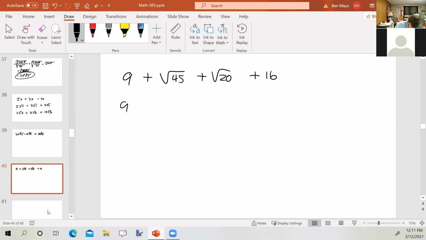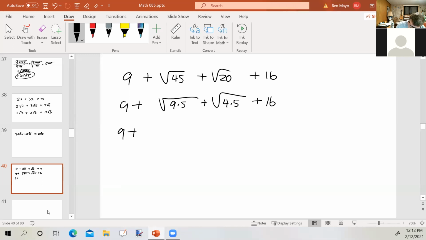But the square root of 45 would be 9 times 5. The square root of 20 would be 4 times 5. And why did I take 45 and write it as 9 times 5? Because 9 is the biggest square that's a factor. Then you're able to add and subtract and multiply for each one of them. So you're just simplifying the whole thing out.